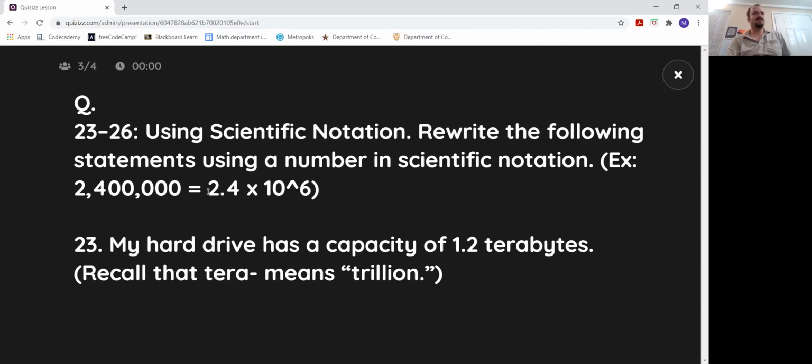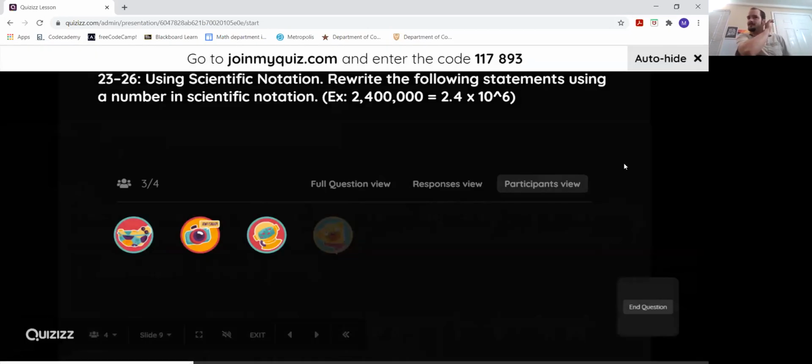All right, so this number should be 1.2. And we're multiplying it times 10 to the what power? Where are we at? Come on, silly dog.